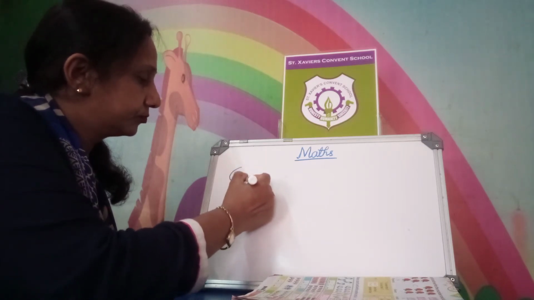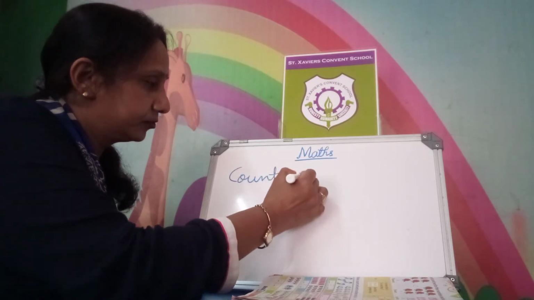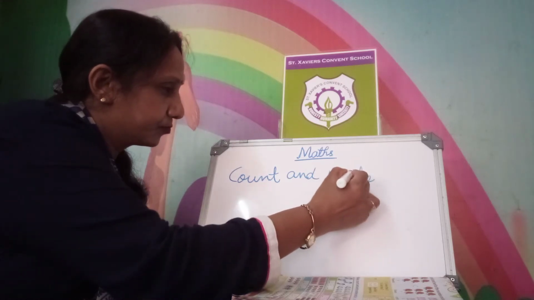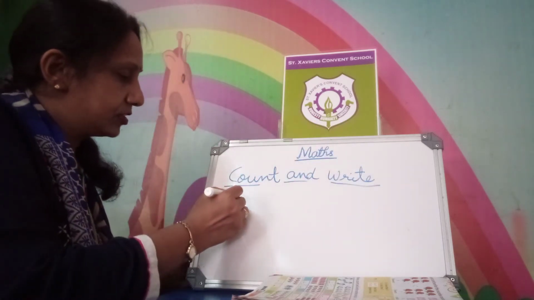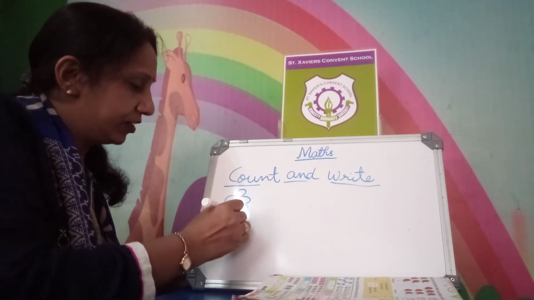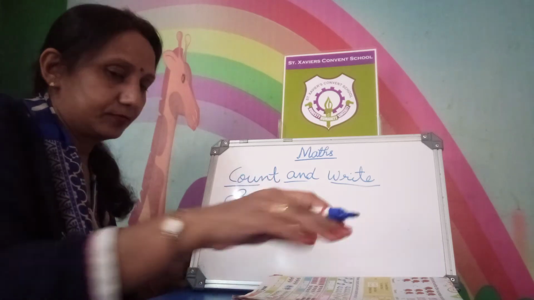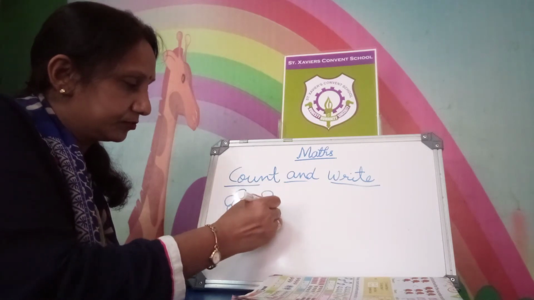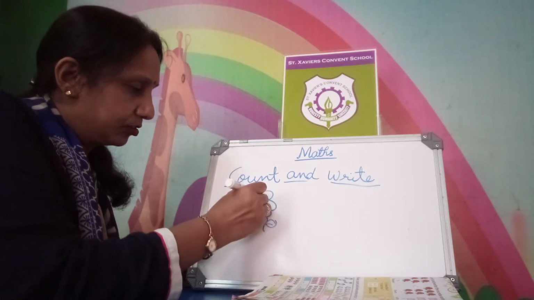Count and write. Count and write first. Just see the flowers. 1 flower, 2 flowers.